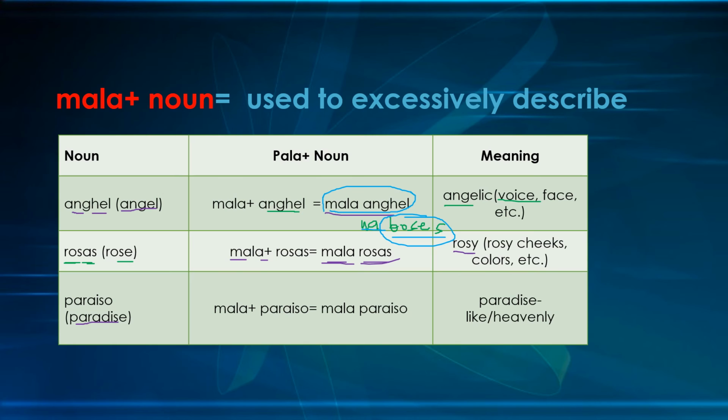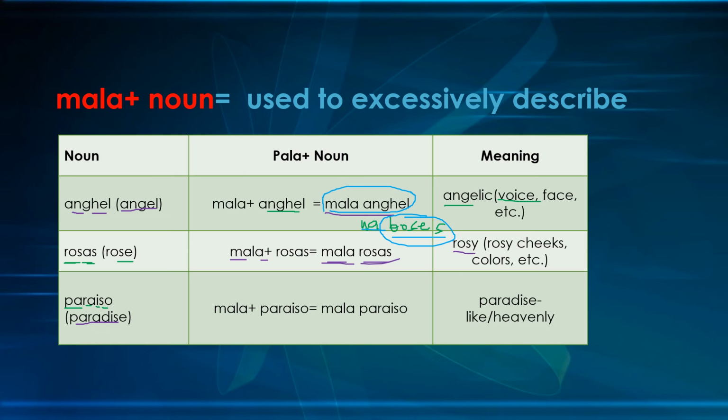In Filipino, it's paraiso. By adding mala, we have a new word for paradise, malaparaiso. It's so beautiful and it looks like a paradise. It's heavenly.